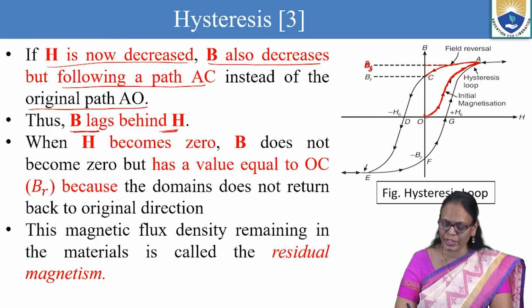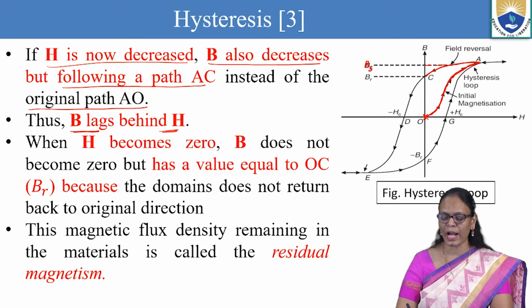Why is it behind H? Because at this point, if you see, the value of H is 0. Ideally, if it had come back along the same path, B would also be 0 and there would be no lag. But here it has come along a different path and reached the point C when H is 0.